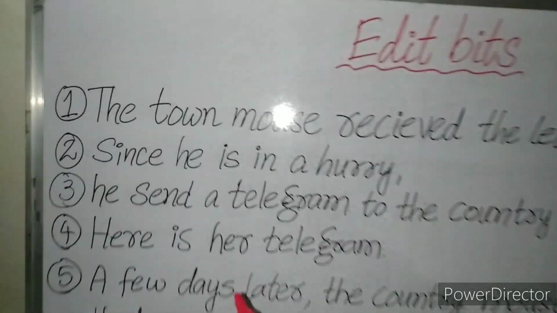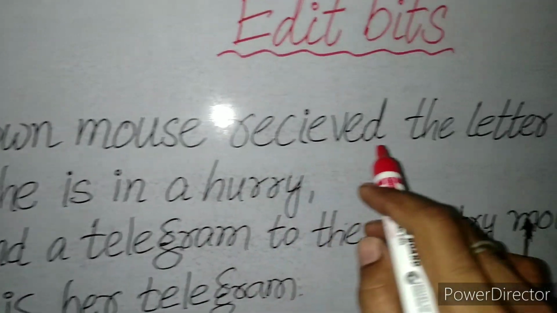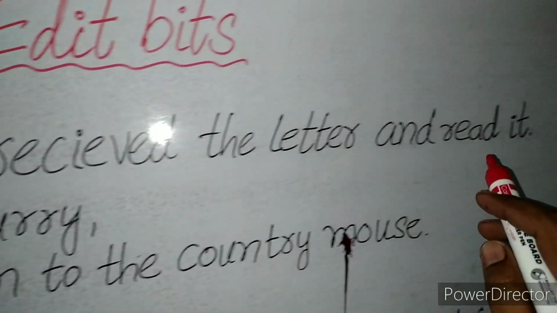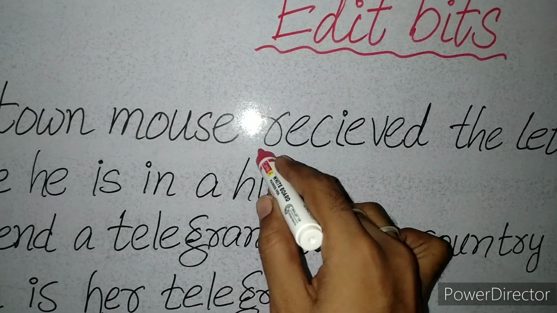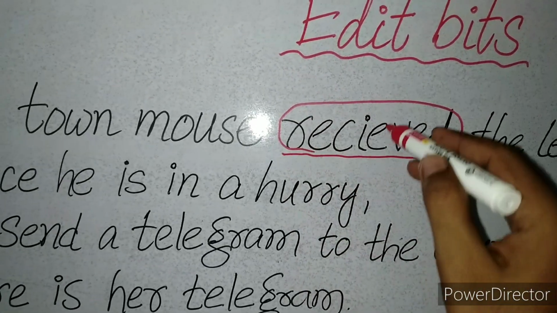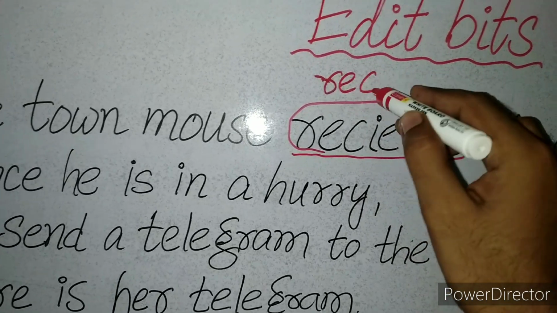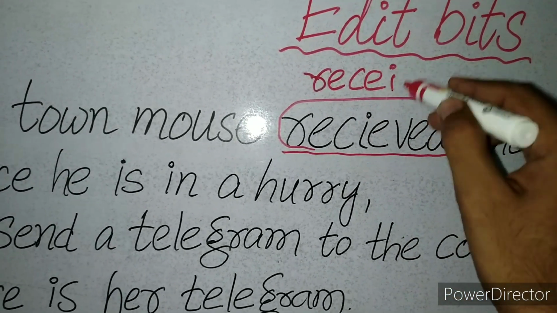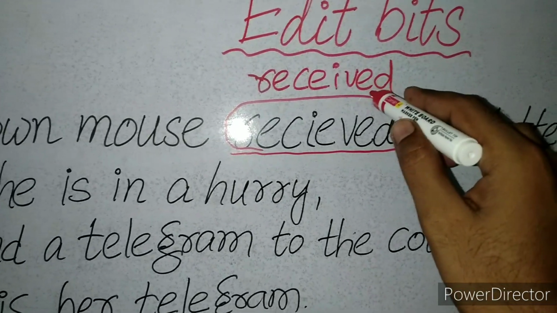The town mouse received the letter and read it. If you check it, the spelling of received is wrong. R-E-C-E-I-V-E-D, received, this is the correct spelling.